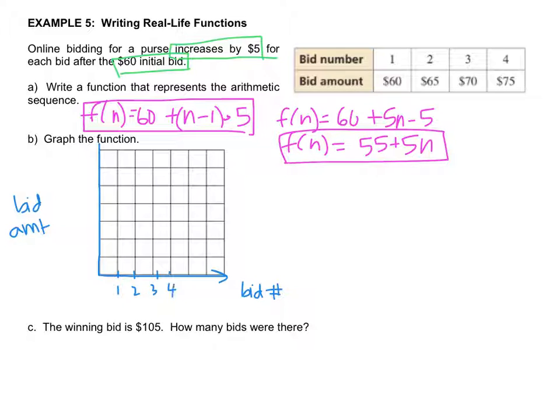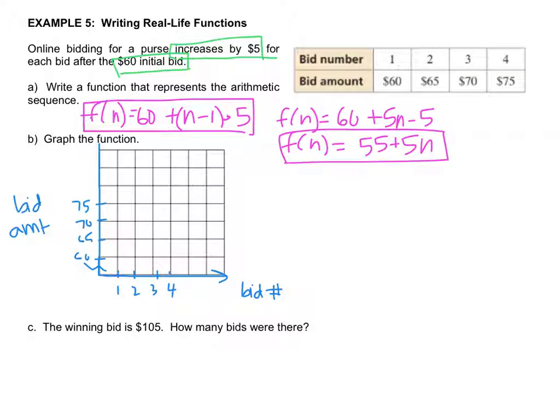But if you read the story, it says that the initial bid is $60. So I can skip 1, 2, 3, 4, 5, right? Like all of the tiny bid amounts because the first bid was 60. So we put a little squiggle break, and then we put our first value. So that's 60, and we'll go by 5s. That'll be friendly. Whoop, that's 70. Okay.